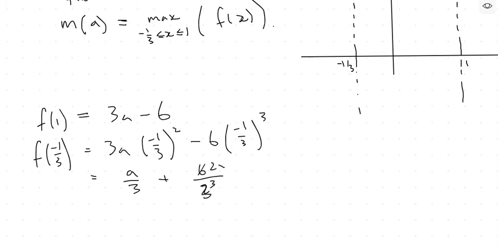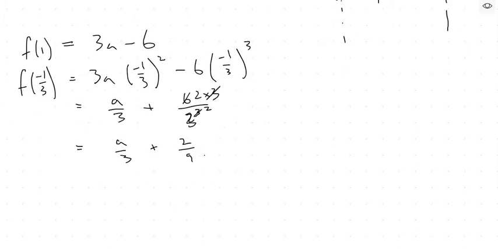So 6 is 2 times 3, so I can cancel one of those. So I've got a over 3 plus 2 over 9. So I'm going to make that equal to a ninth of 3a plus 2.